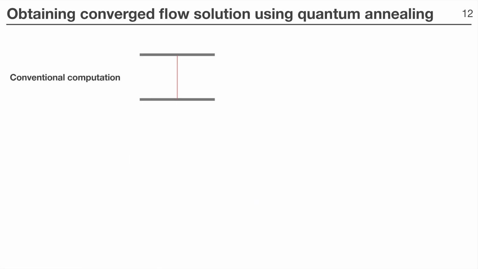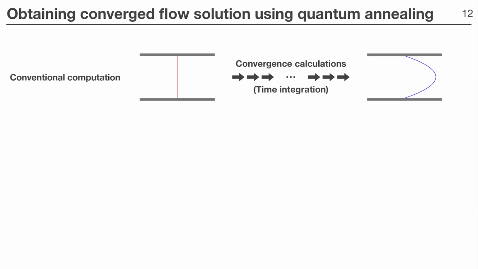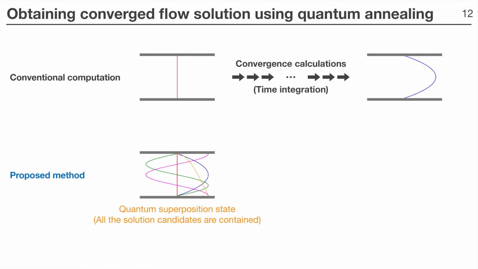Actually, in conventional computation, what we tend to do is start from an initial condition and run the time integration or convergence calculations to obtain the convergent flow solution. But what we want to do is focus on the quantum superposition state.